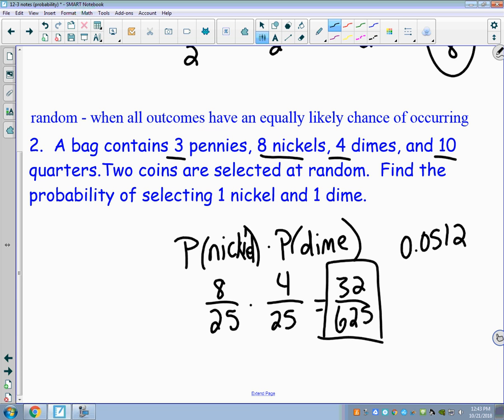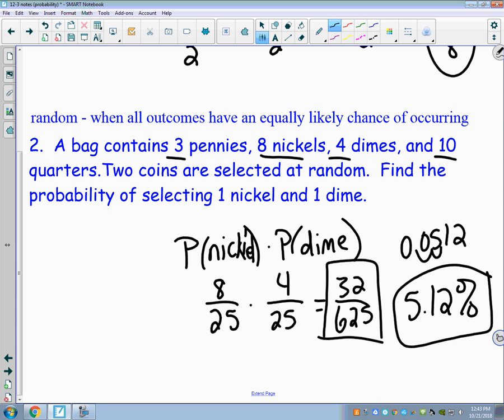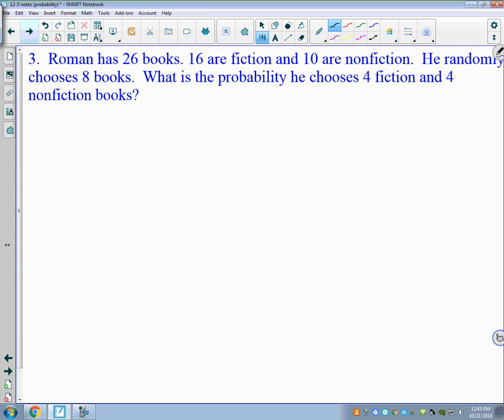Is that right? Yeah. 32 out of 625 chance. That's kind of a weird way to write it. You can also write it as a decimal, which would be 0.0512. Or you can write that as a percent, and for a percent you just move the decimal over 2 places. So that's about a 5% chance of randomly pulling out 1 nickel and 1 dime.